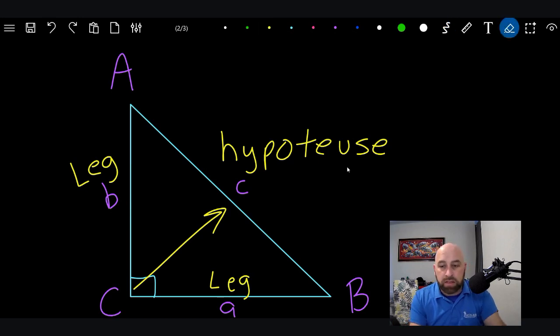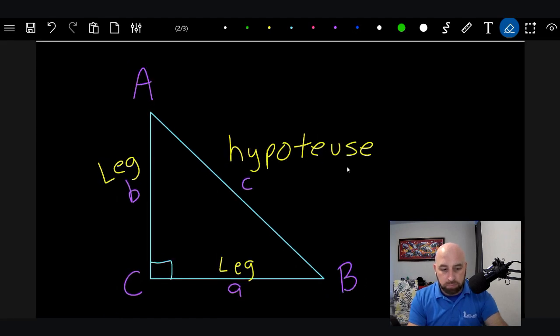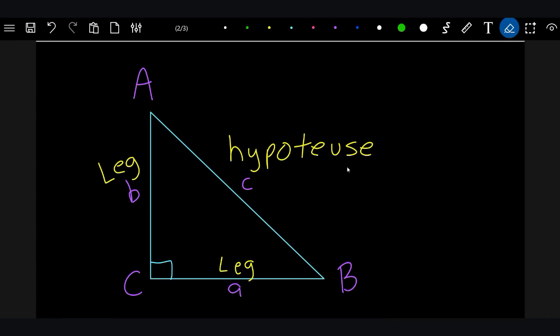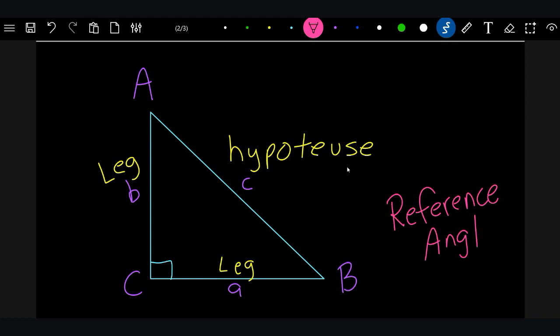Next interesting thing that we need to know about these. Let me shrink that down a little bit so you can see it better. I'll change my pen color. We're going to use the words reference angle. Here's what a reference angle is.